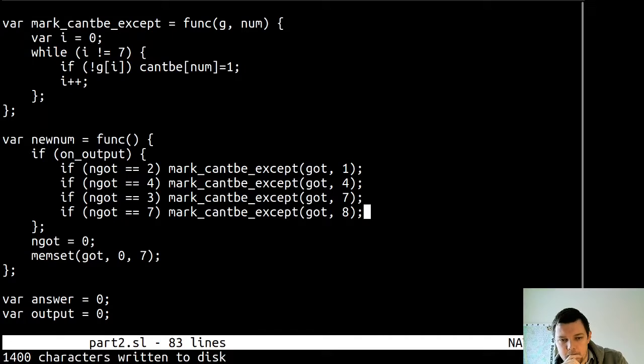No, that's wrong. Can't be isn't telling us which number it can be. It should be telling us which segment it can be. This is quite complicated.